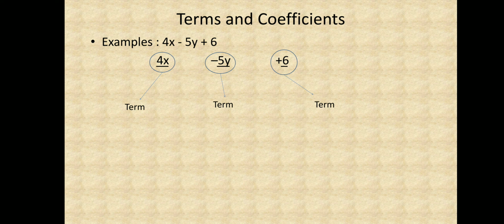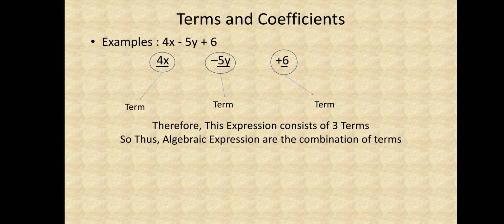So what are terms? In all expressions there are terms, and this expression consists of 3 terms, which are 4x, minus 5y and plus 6. So we conclude that an algebraic expression is a combination of terms. Now we have learned about terms.